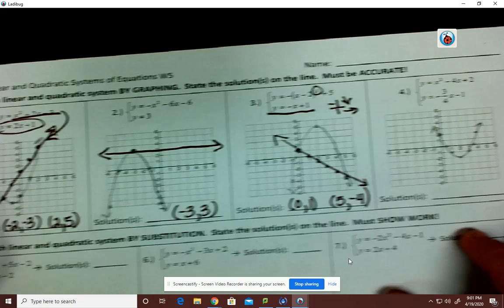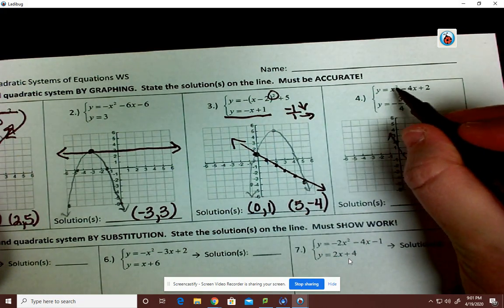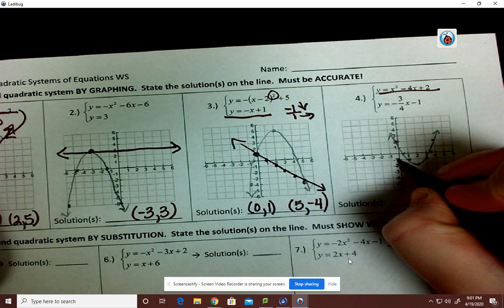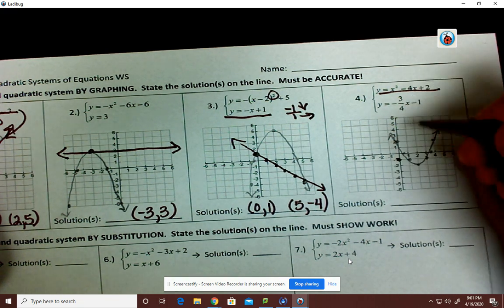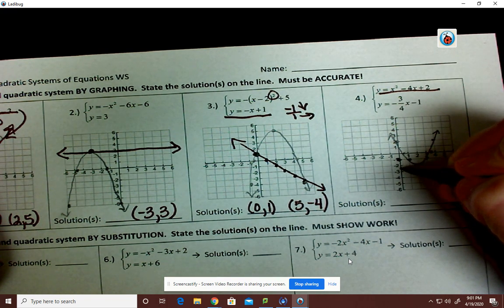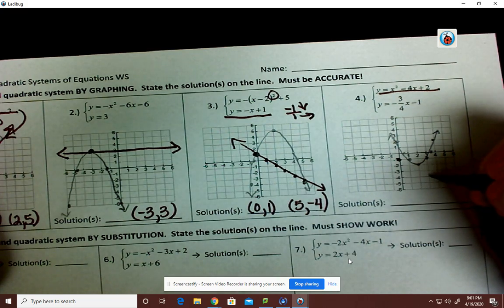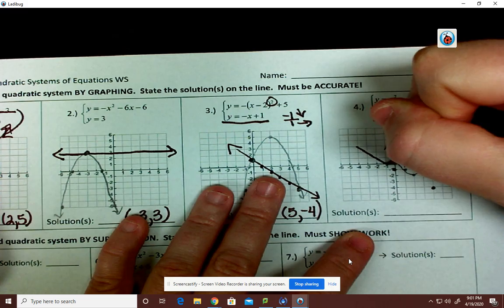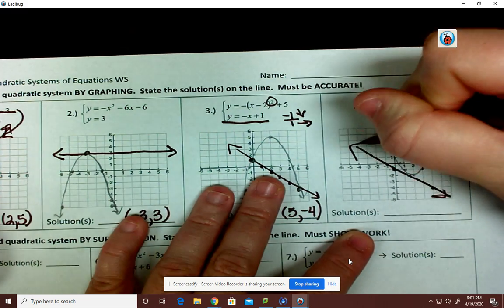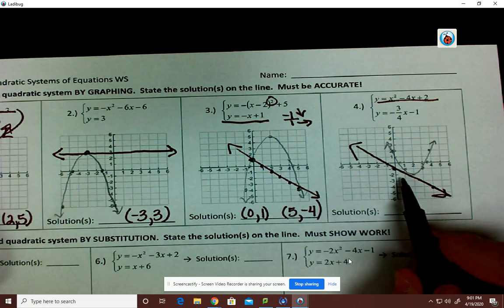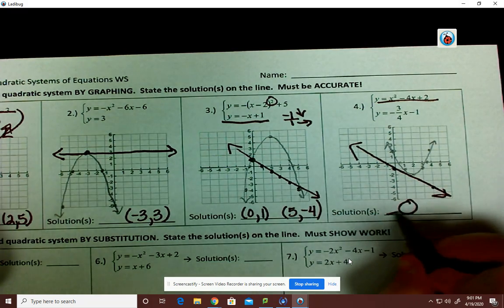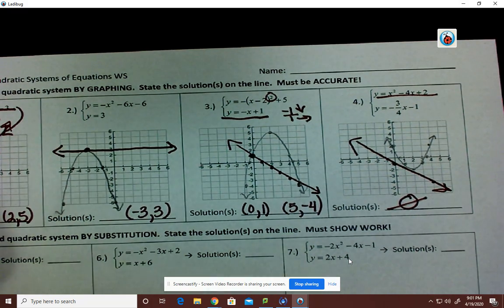And the last one, this is the quadratic that's already there. My y-intercept is at -1, and my slope is -3/4, so I go down 3 and over 4. These are really close, but if I look, they don't actually touch each other, so this one is no solution.